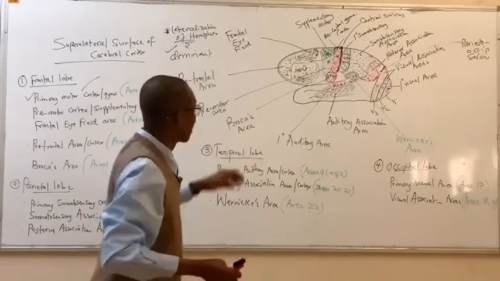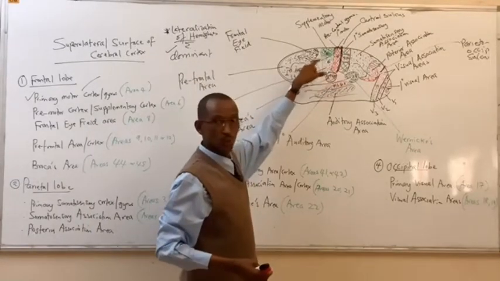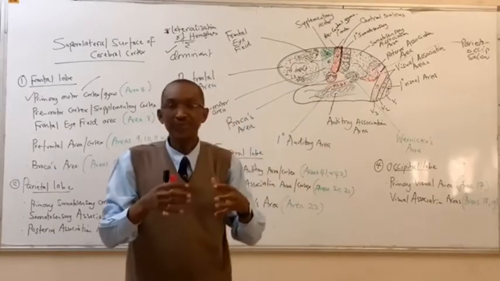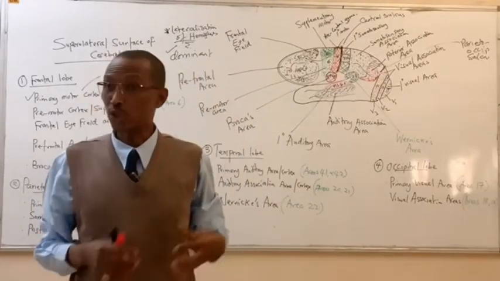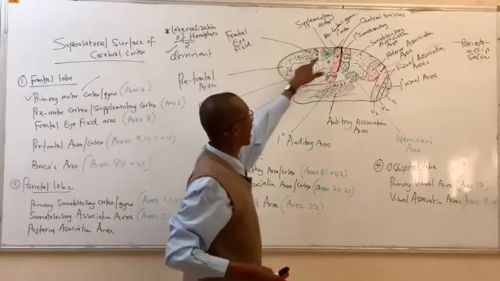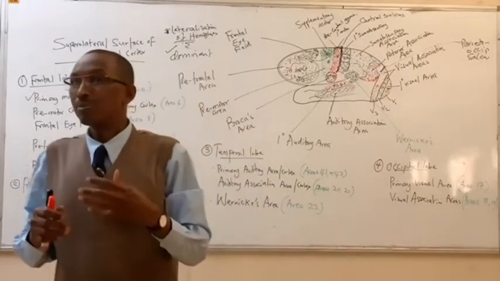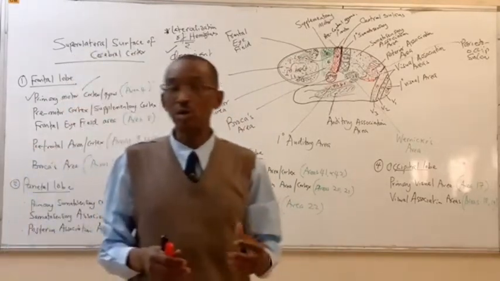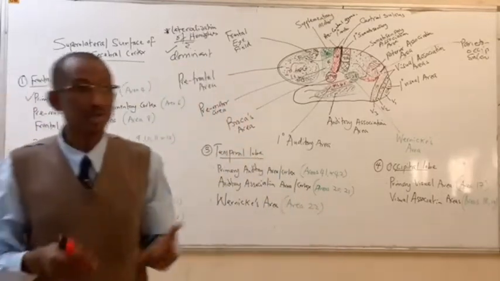So the whole of the supplementary motor area and the premotor area, altogether, are responsible for the planning and sequencing of movement. Now, what are the primitive movements?